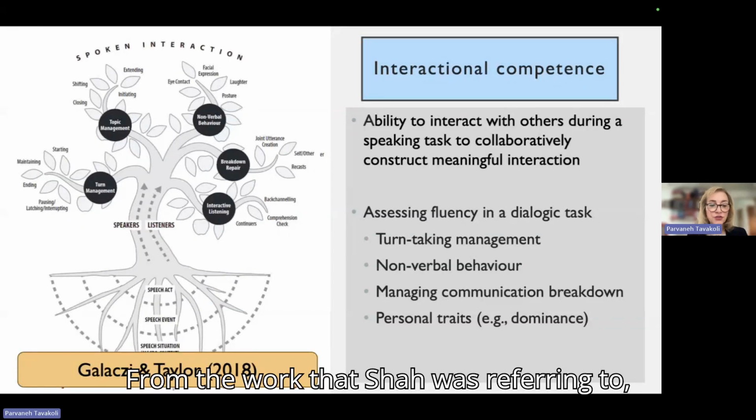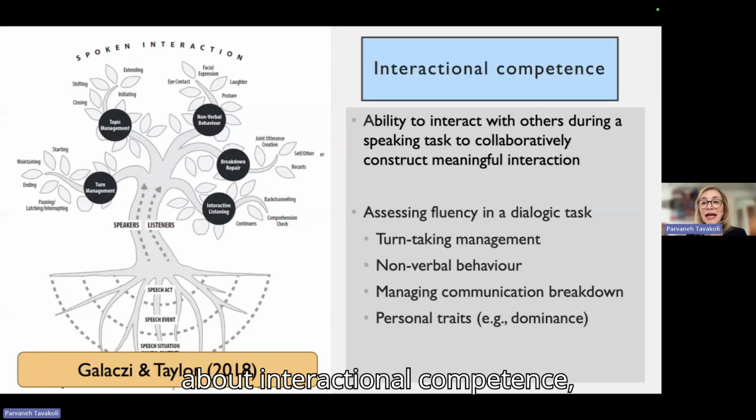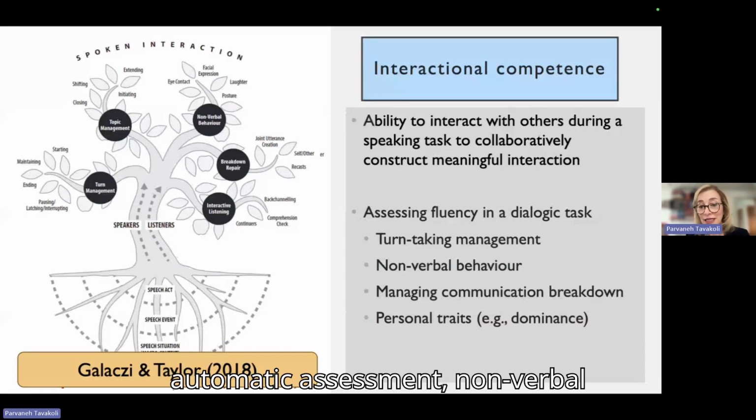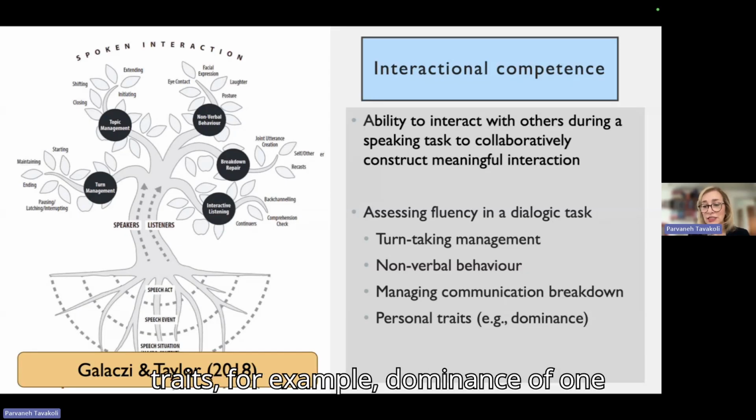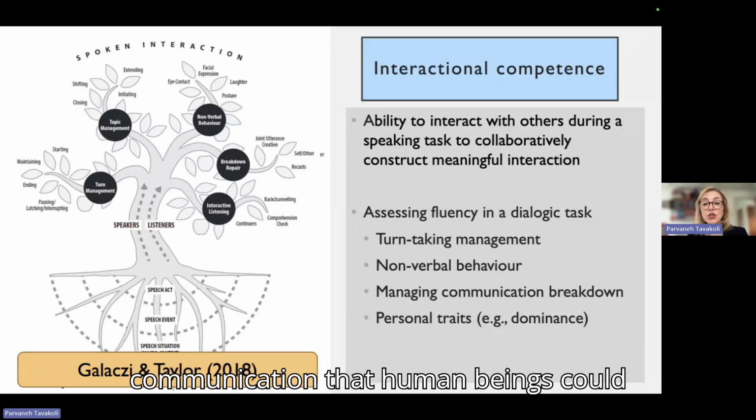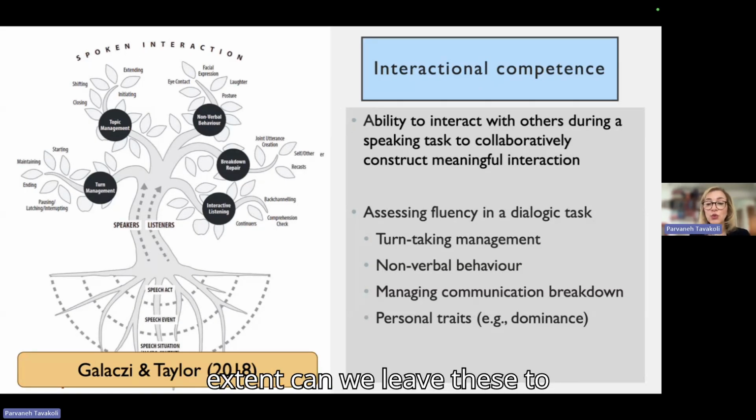From the work that Sha was referring to, Galaczi and Taylor, they have talked about interactional competence, the ability to interact with others in a speaking task, to construct meaningful interaction, which depends on turn management, topic management, etc. When we assess fluency in a dialogic task, how easy is it to look at turn management via automatic assessment, non-verbal behavior, managing communication breakdown, personal traits, for example, dominance of one of the speakers? These are aspects of communication that human beings could look after quite easily. To what extent can we leave these to AI to assess?